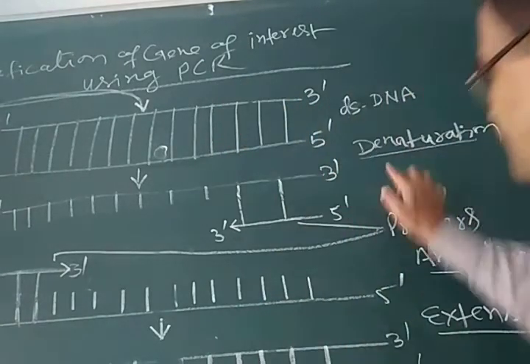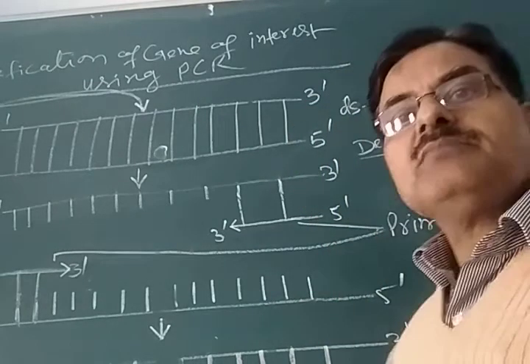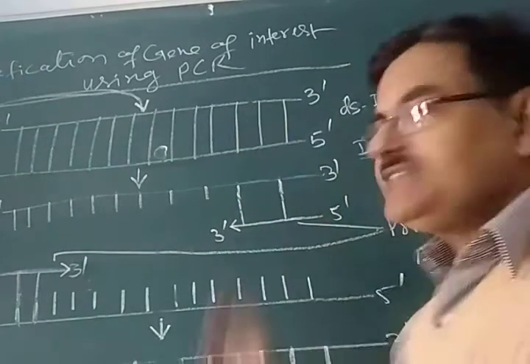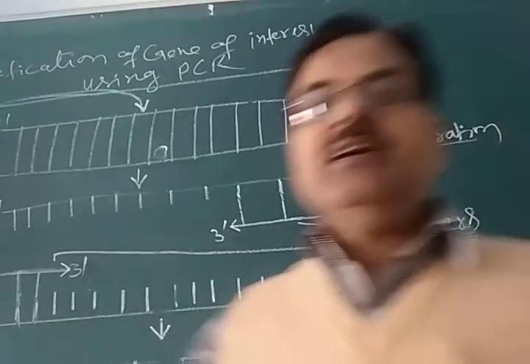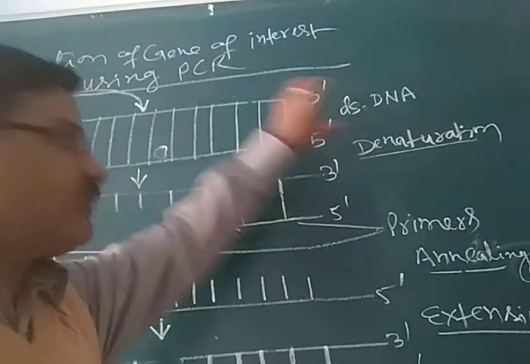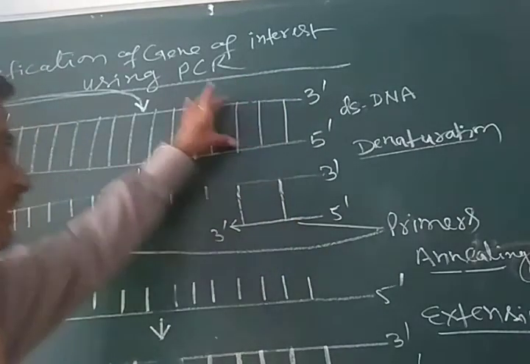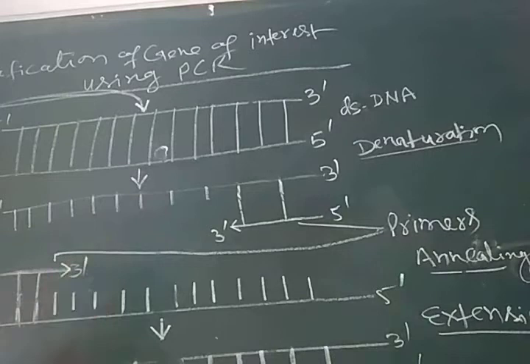First of all, we do the denaturation process at high temperature. We know that double-stranded DNA separates due to high temperature. So we provide the high temperature, and at the high temperature the two strands of DNA will be separated.